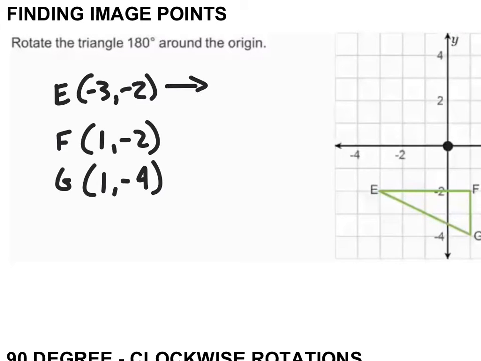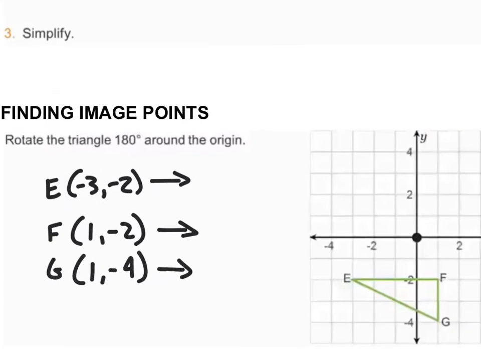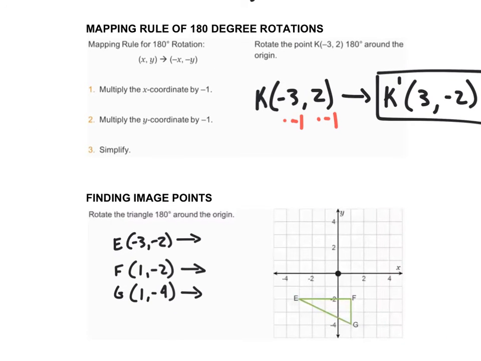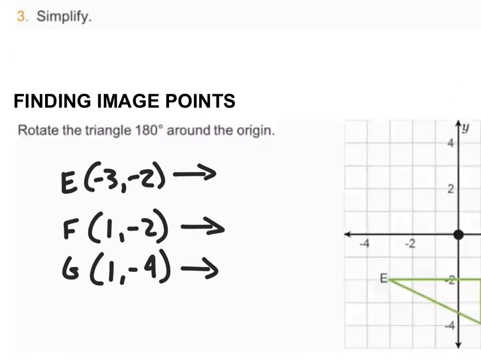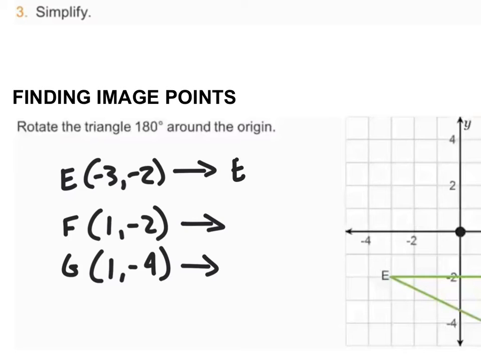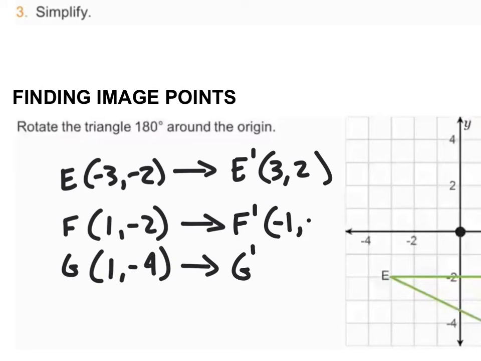Now, what I want to do is apply that same rule that we had just talked about, up here, that I take each of my points and find the opposites of each of those x and y values. So if I'm trying to find the points E prime, F prime, and G prime, I'm simply going to take the opposites and make E prime (3, 2). For F prime, I'm going to take (-1, 2). For G prime, I'm going to take (-1, 4).